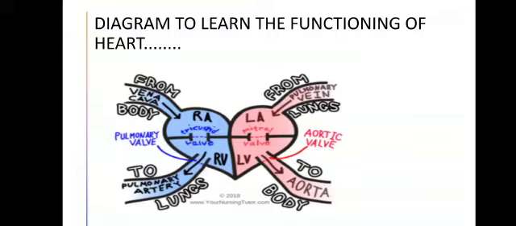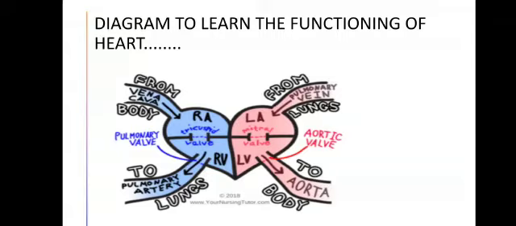So from the lungs, after purification, the pulmonary vein takes the oxygen-rich blood and gives it to the left auricle. From the left auricle, it goes to the left ventricle through the bicuspid valve or mitral valve.